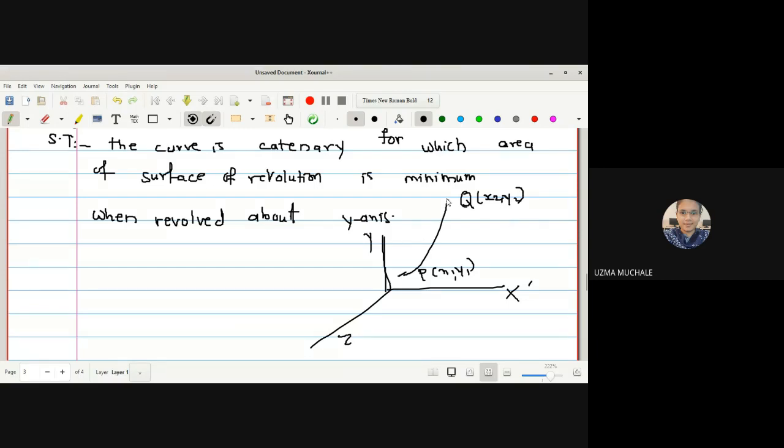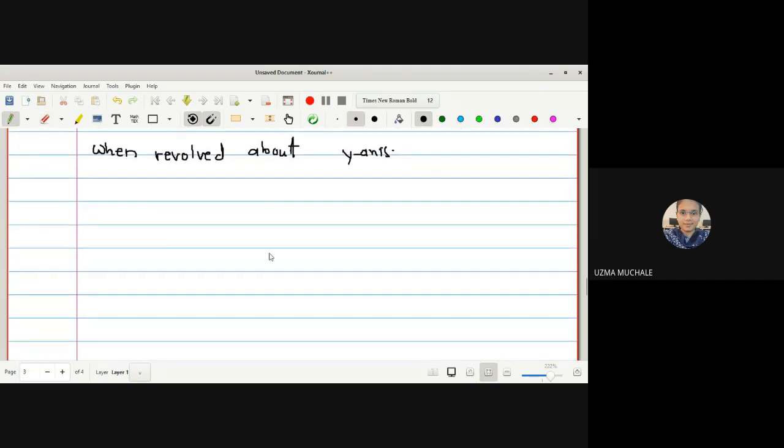Now we have to revolve this in such a way that we get a catenary. This is y, this is x and z.